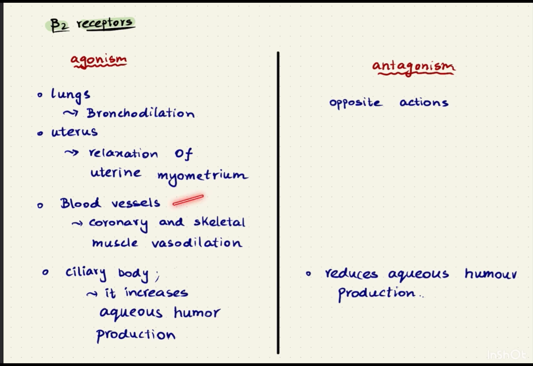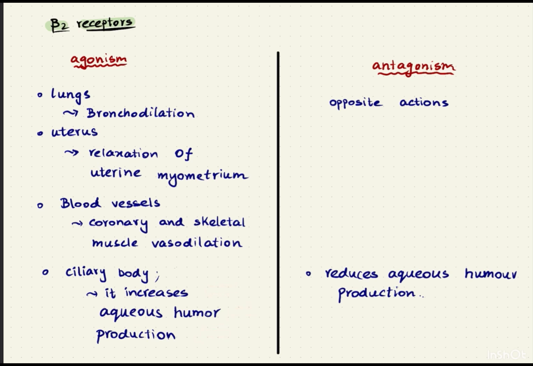And stimulation of the beta 2 receptors present in the smooth muscles lining the blood vessels can cause vasodilation. Mainly, it produces coronary vasodilation and vasodilation of the vessels which are supplying the skeletal muscles. Stimulation of beta 2 receptors which are present in the ciliary body increases the aqueous humor production.